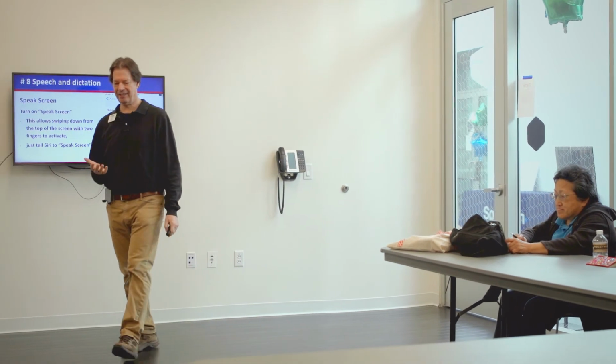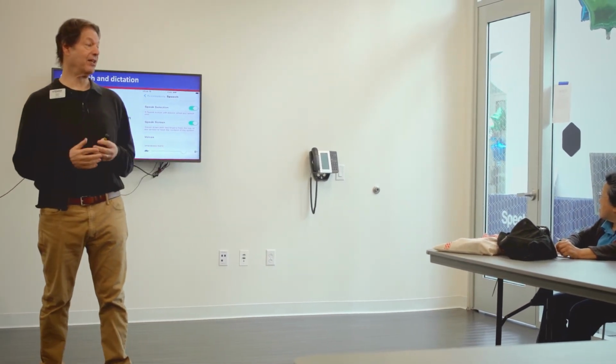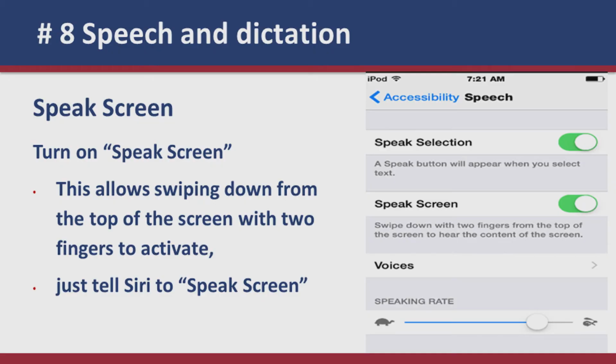Speech and dictation. This feature really can be quite nice. You can have a screen read, or again, going back to something I said earlier, I'd rather do anything than type. And if I can learn to dictate, wow, then I don't have to type again. With Apple's dictation system, you don't have to yell.